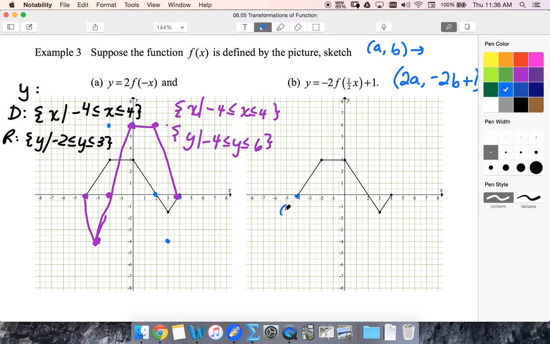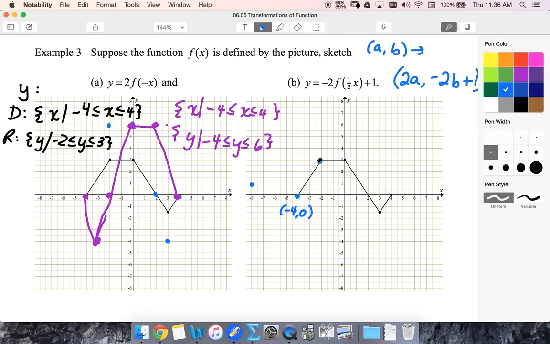So we'll start with -4, 0. That's going to become -8, and then 1. So -8, +1. Then I've got -2, 3.